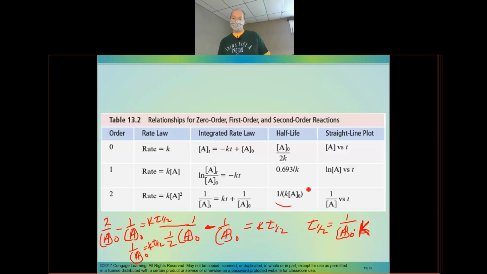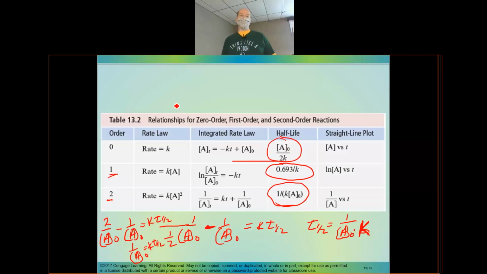All right, so that is right here. You have your half-life for first order, your half-life for second order, and your half-life for zero order. All of these are done by just doing a substitution. Your A at time t is 1/2 of your A initial.